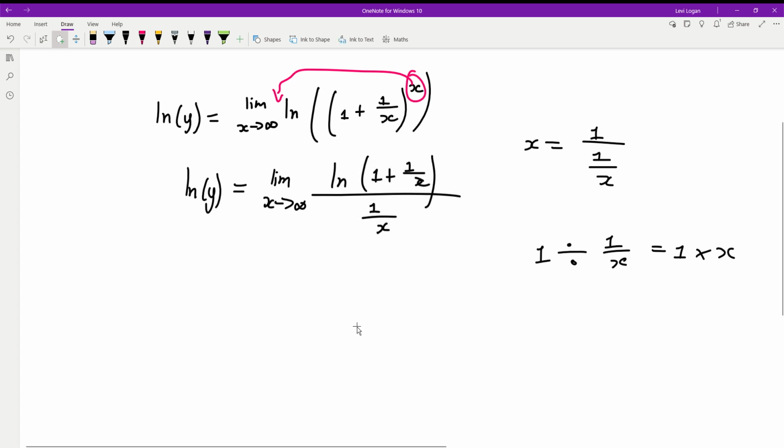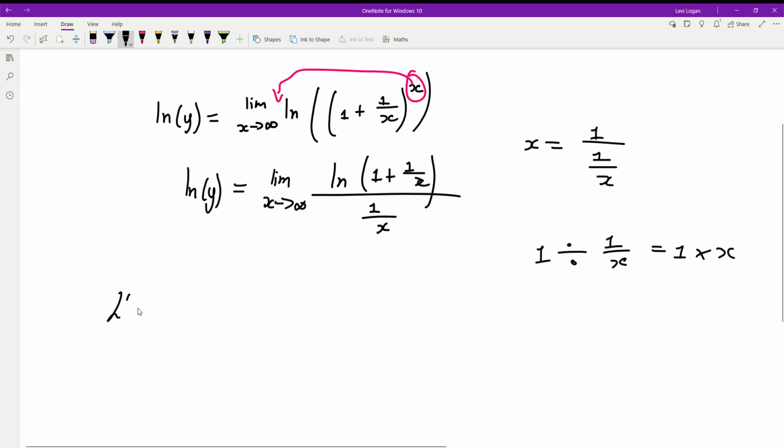Now we can't really evaluate this limit, because if we were to put in infinity, we're just going to get natural log of 1 up here, and here we're just going to get a very small number. So we're going to get 0 divided by 0, which isn't that great. So what we're going to do is apply L'Hopital's rule.